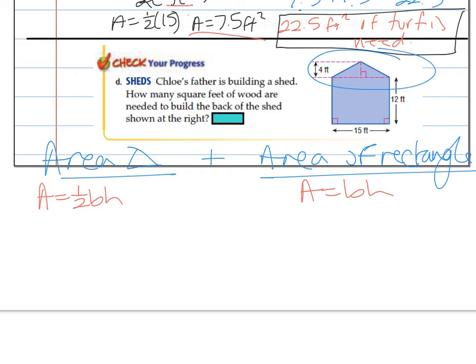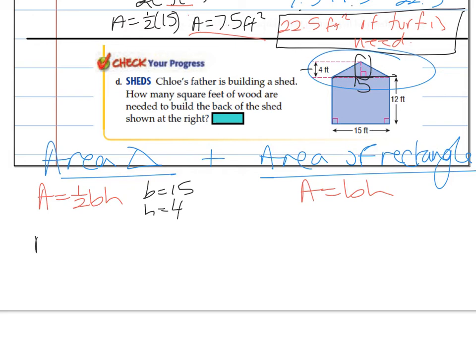For my triangle, I am given a base, which is the same length as the base of the rectangle, so that's 15. I'm given a height of the triangle, right here, which is 4.